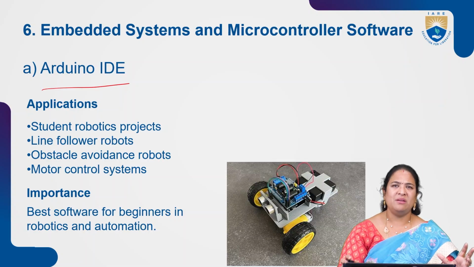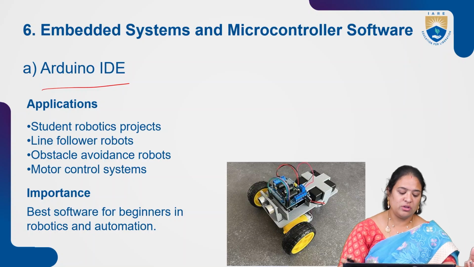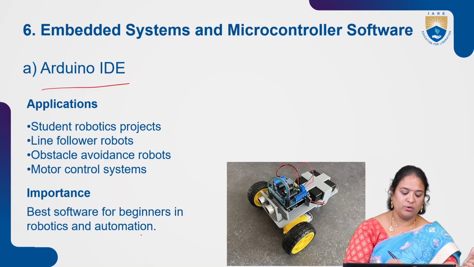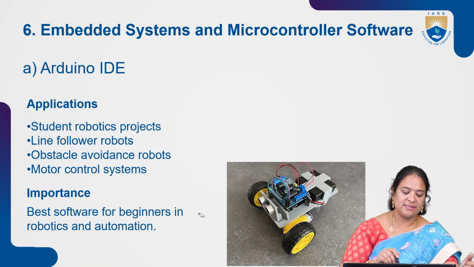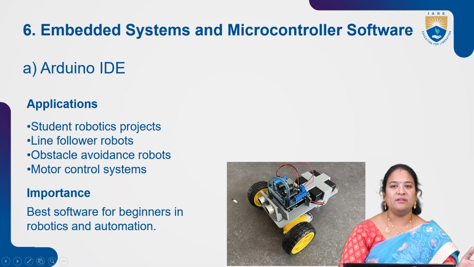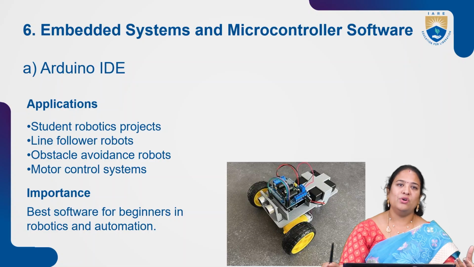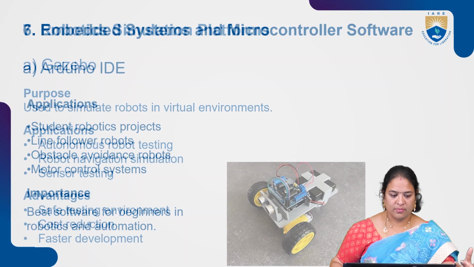This is generally a very minute type of software which is easily used even at school levels nowadays. So the best software for beginners in robotics is this particular Arduino IDE. It is very basic and easy to understand. Even school students will come across this Arduino IDE for any sort of robo projects.